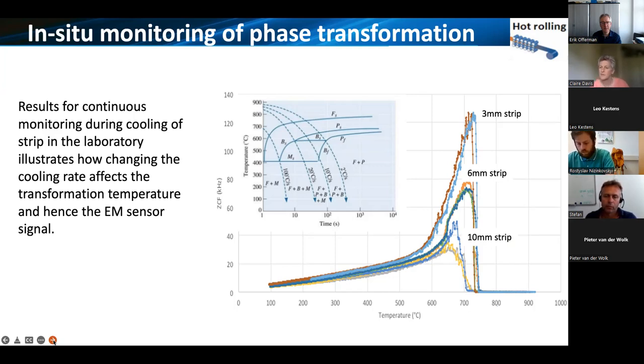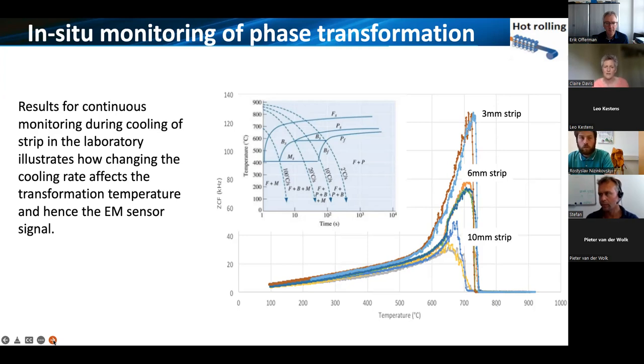But above 770, we have a flat line because our material is not magnetic, so we get no signal at all. But below the Curie temperature, we get to see the effect of cooling rates and strip thicknesses on where the transformations occur, and therefore the signals. So it gives us a slightly indirect measurement, but it's directly linked to the microstructure and the phases that form and providing interesting information.